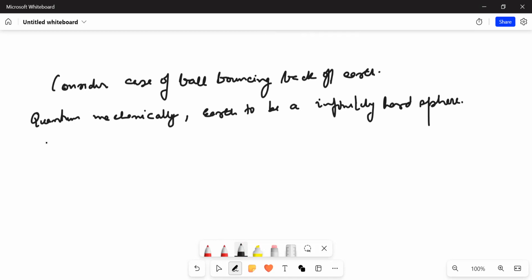We are also considering the surface of the Earth as the origin.